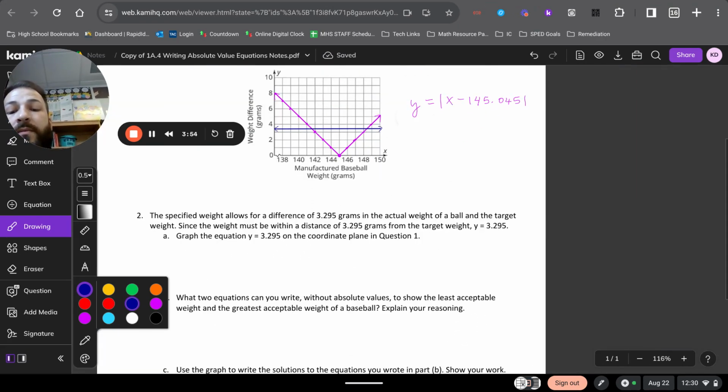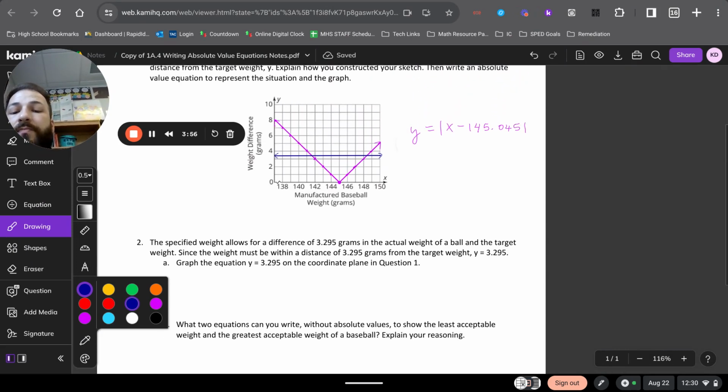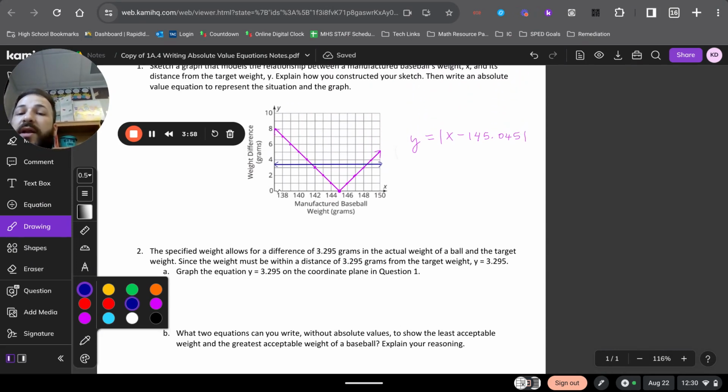Okay. And in part B, we want to think about two different inequalities that we could write that would represent this in between. We want it to be less than that weight difference of 3.295. So we don't want greater than, we want less than. So less than 3.295 to the left, so a little bit less than our 145 would end at this point.